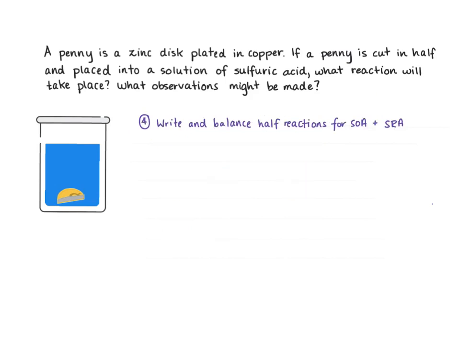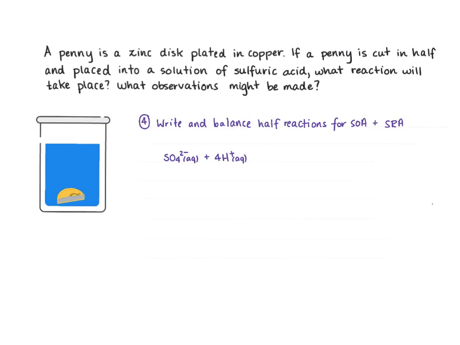Our fourth step will be to write and balance the half reactions for the strongest oxidizing agent and the strongest reducing agent. We're going to get these directly from our book on page 7. So our strongest oxidizing agent is the combination of sulfate and hydrogen ions. So we have 1 sulfate plus 4 hydrogen ions.